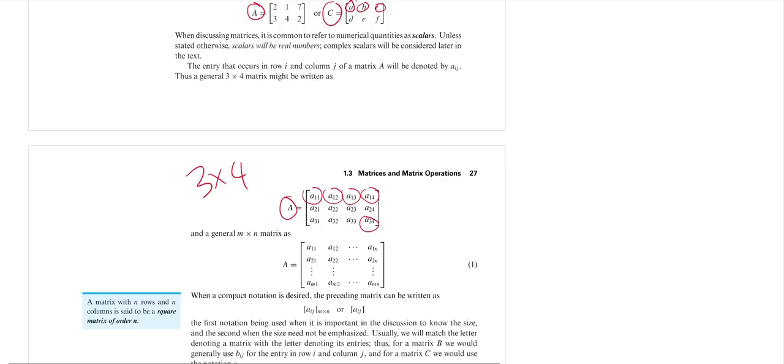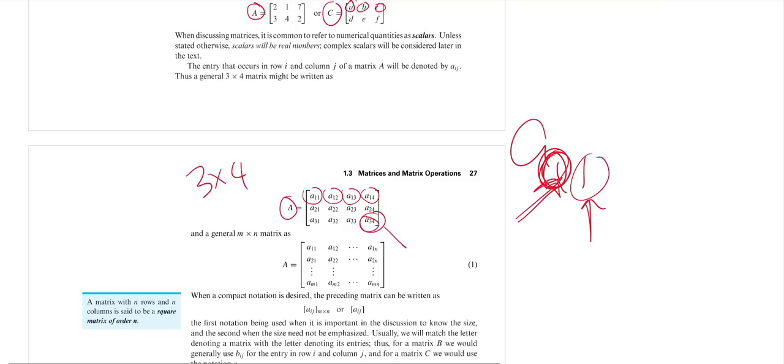Now, the first question I have for you is: what does the first one, A11, stand for? As our general guideline, as you remember, the first piece of information is about the row. So this is the first row, and the second number refers to the first column.